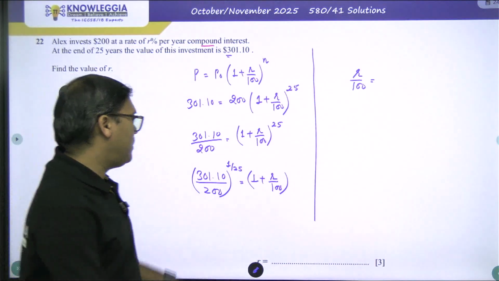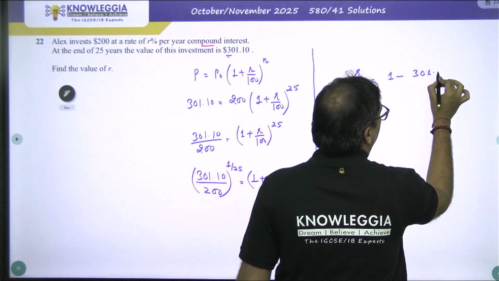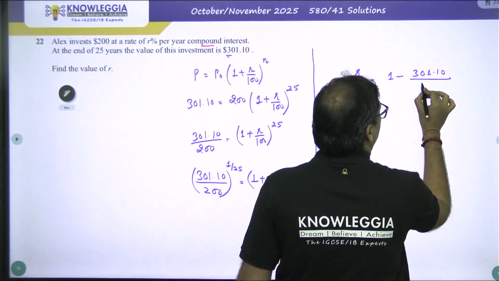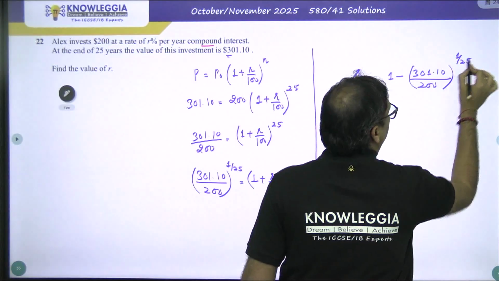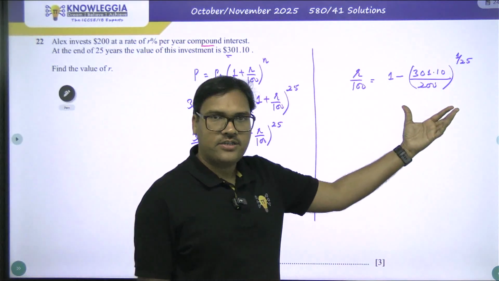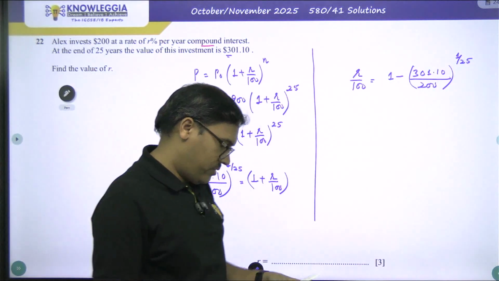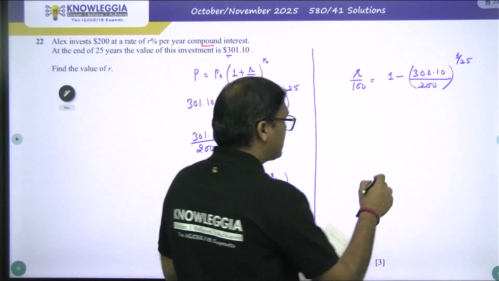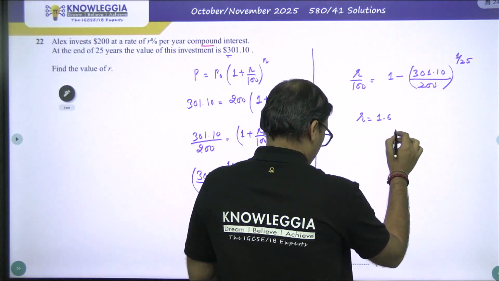R by 100 will be equal to 301.10 divided by 200 raised to 1 by 25 minus 1. You can get this using a calculator. You find this value, multiply with 100, that will give you the answer. So what is the answer? R is equal to 1.65%.